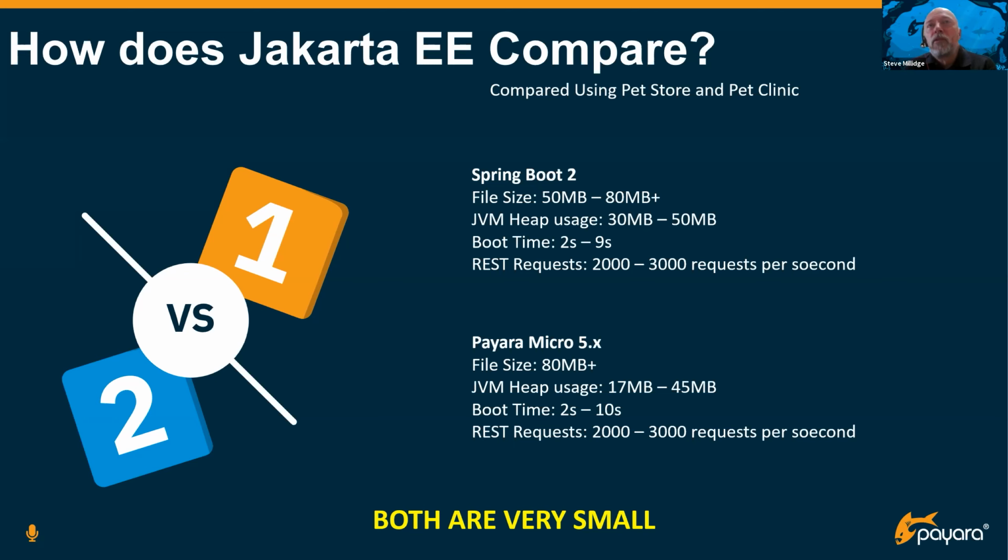When you boot that up, it'll boot in 2 to 9 seconds. If you do a heap dump, the heap usage will be around 30 to 50 megabytes. And that Spring Boot application, if you hit a REST endpoint, will probably do around 2,000 to 3,000 requests per second. A bit of a typo in there. So it's fast, it's small, and it boots quick.